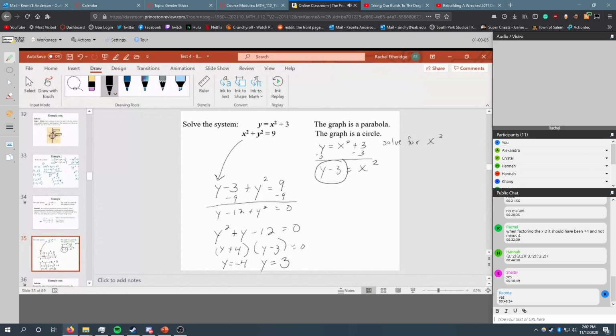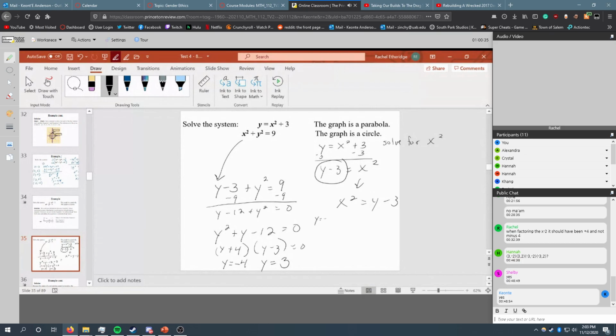So we can go back to any of these equations and solve. Doesn't matter which one. I'm just going to use the second equation. Well, I tell you what, let's use the one we already have solved for x squared. Let's use this one. X squared equals y minus 3.